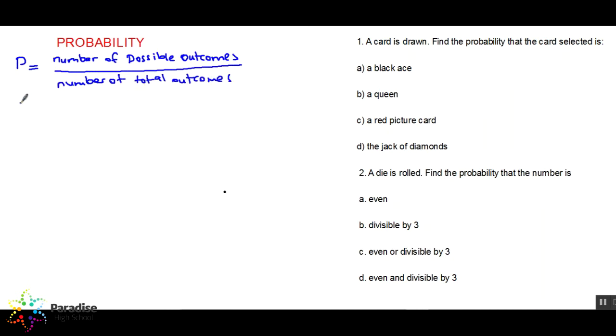And you should not forget that probability will never be less than 0 or more than 1. The probability is always taking place between 0 and 1.